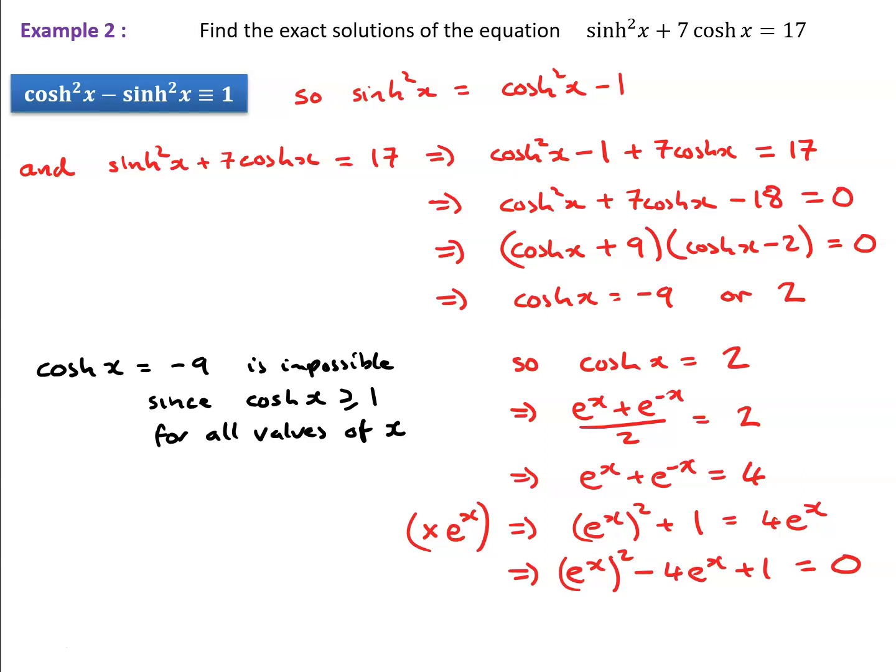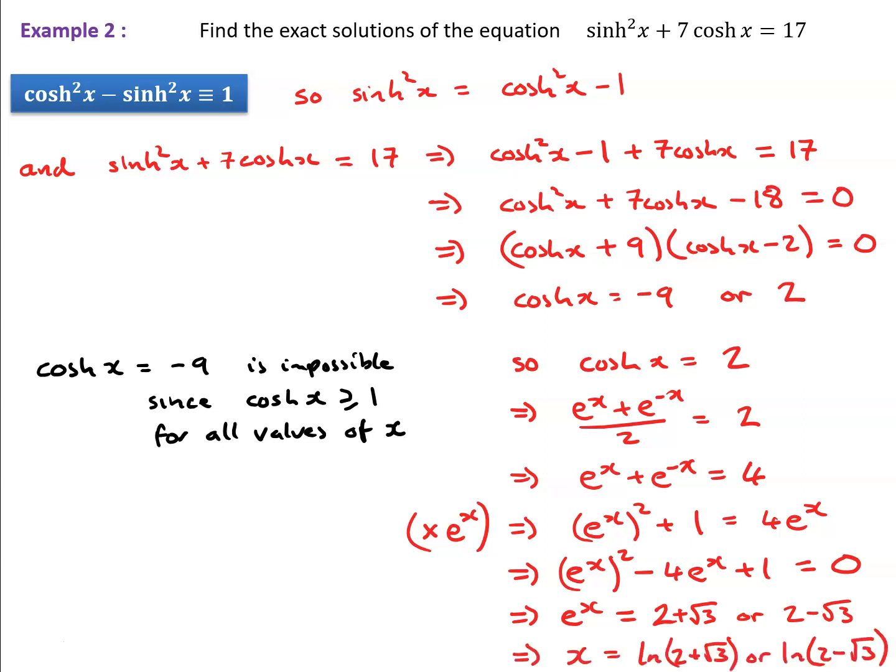Solving that quadratic equation for e to the x will give me e to the x is either 2 plus root 3 or 2 minus root 3. And that tells me that x is either the logarithm of 2 plus root 3 or it's the natural logarithm of 2 minus root 3.